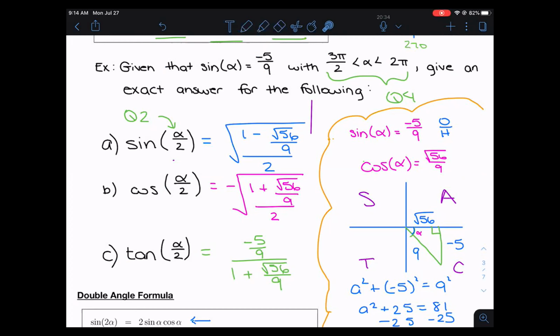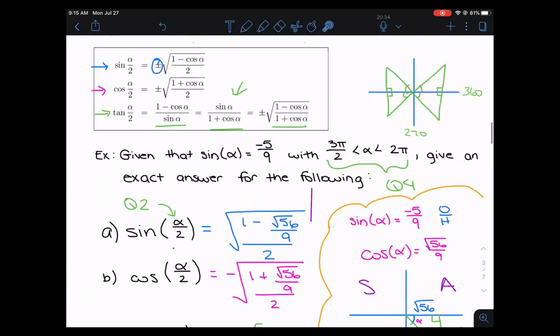But if you do get the same answer, then that's great, and I will look over your work if you need me to, and I'll let you know if that works or not. Arian just confirmed that he got the same answer. So you can use sine squared alpha plus cosine squared alpha if you choose to do it that way.